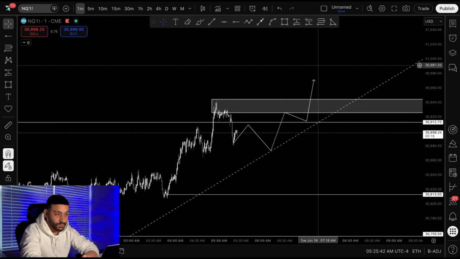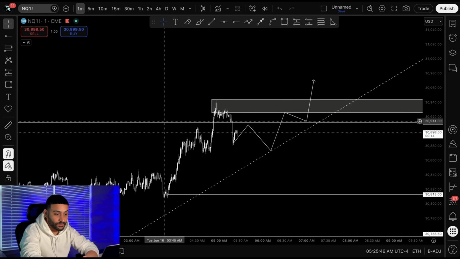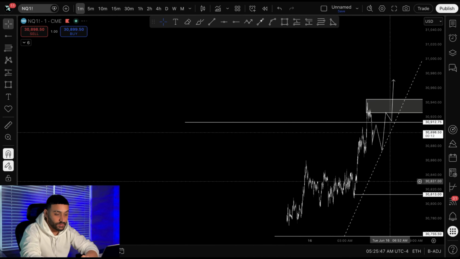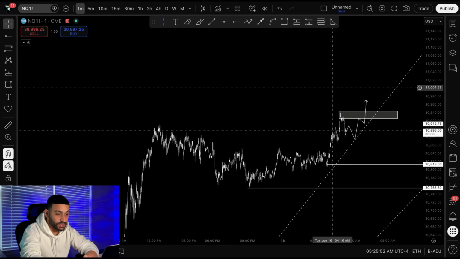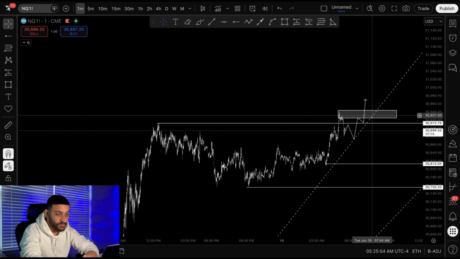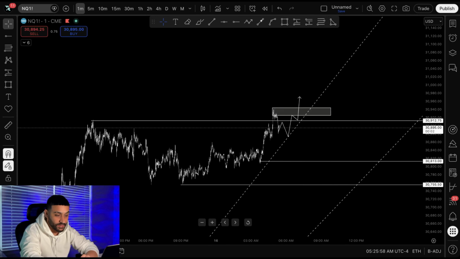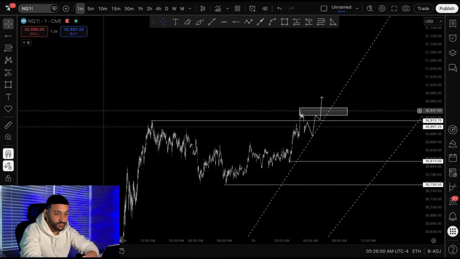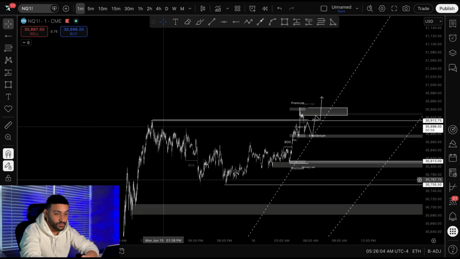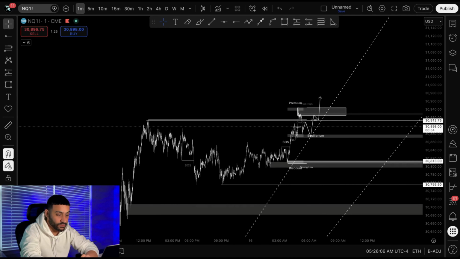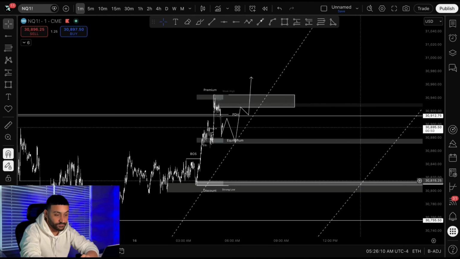So let's see, essentially, yeah, I think that's good right there. So essentially I've just identified my area of interest, I know my trade plan, and I did it without any indicators. Right now we have that there, but to really get a better idea, I would pull open my smart money concept and try to get a feel of where the smart money is sitting.